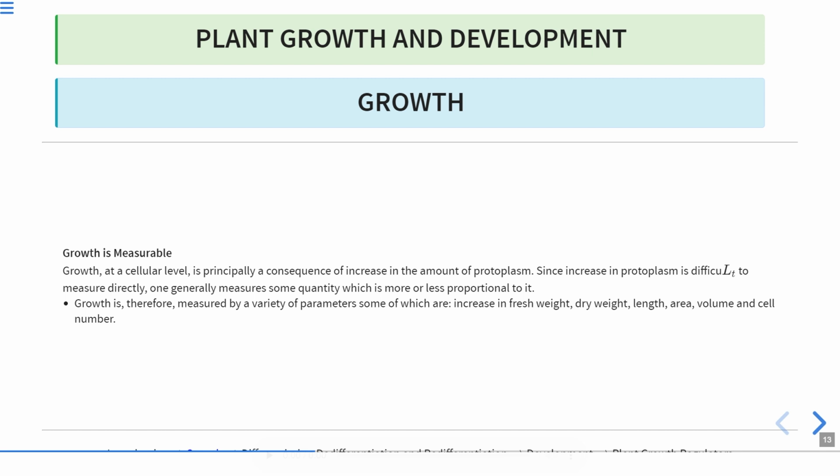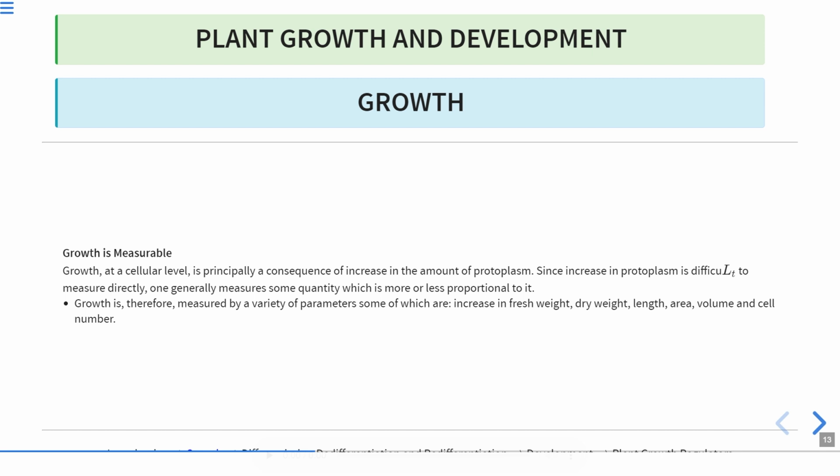Now, how to take the dry weight? Suppose you want to know whether the plant has increased its growth weight or not. So you can first take the fresh weight, and then you can go for the dry weight. You can make the plant dry in an autoclave, and then you can take the weight of that plant.